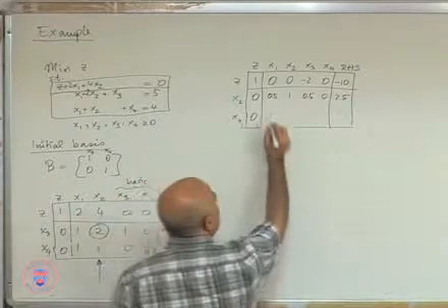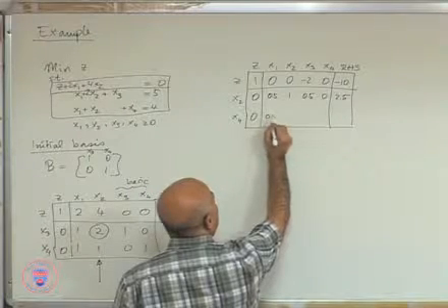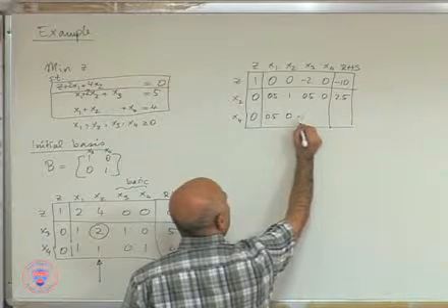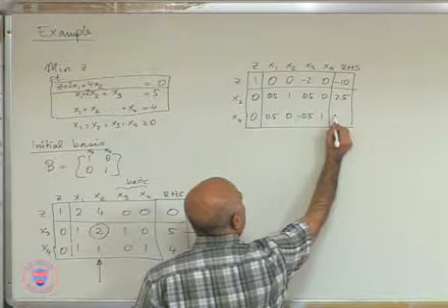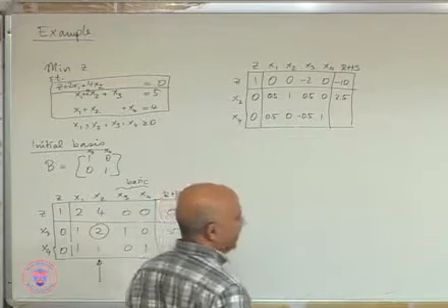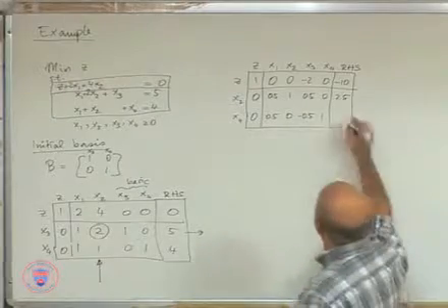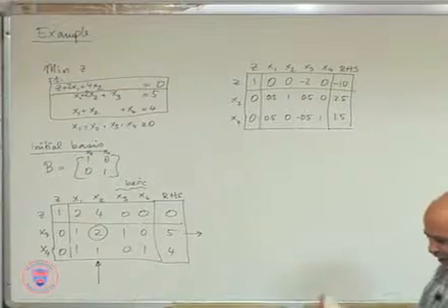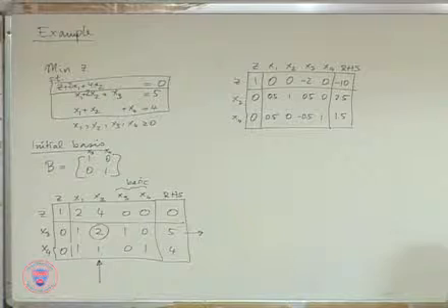What is it? 1/2, 0, minus 1/2, 1, 1.5. Let me just check. Yeah, this seems to be correct.